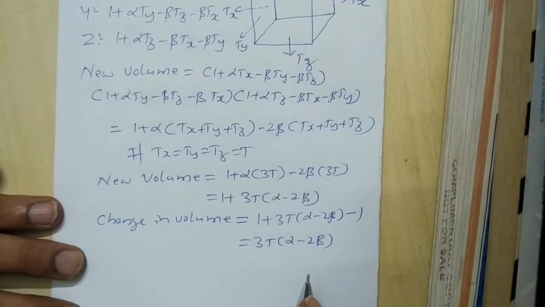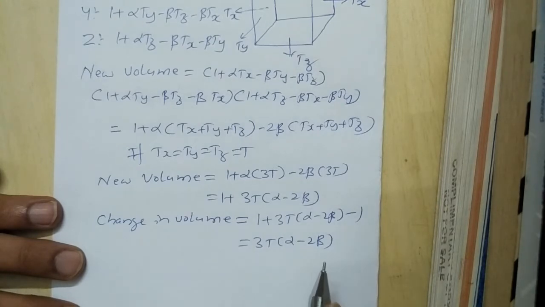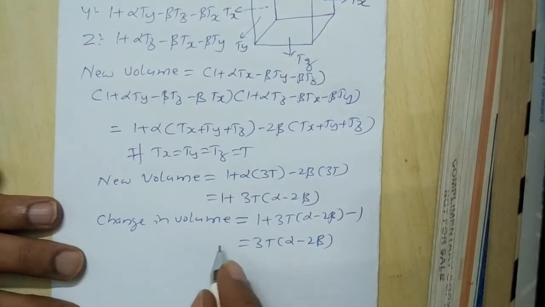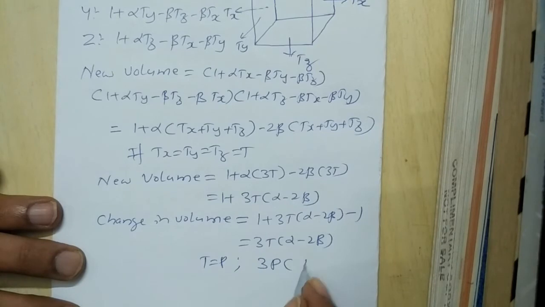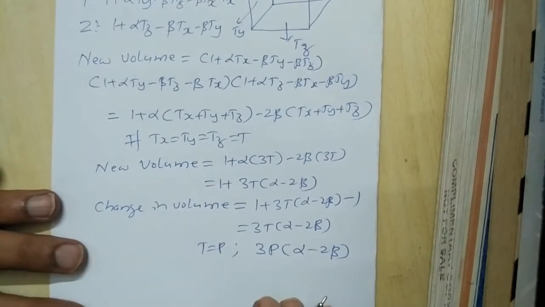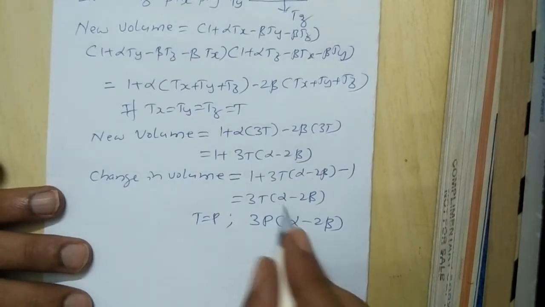Okay, now if, instead of the outward stress T, a pressure P is applied, then the change in volume can be written by just writing P instead of T. So that's 3P into alpha minus 2 beta. Okay.